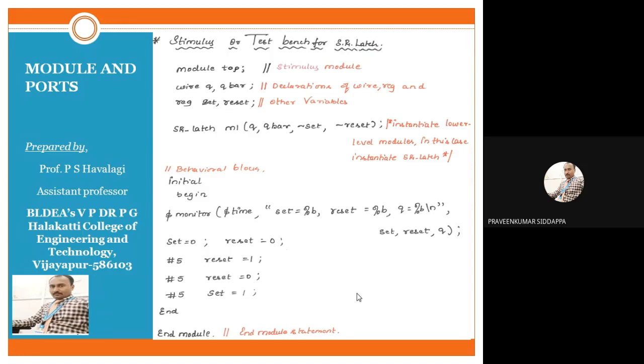If you have written outputs in your code, those outputs should be initialized in the test bench by using wires. Remember it. If inputs are there in the test bench, use register. If outputs are there in the test bench, we have to initialize them as wires. Remember. So wire Q and Q bar.